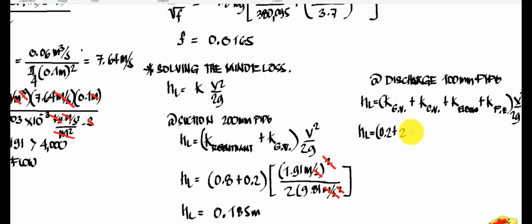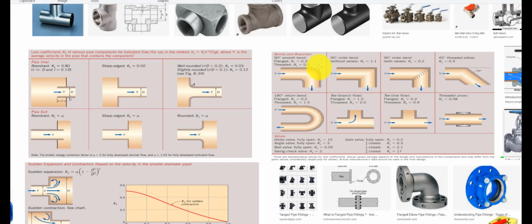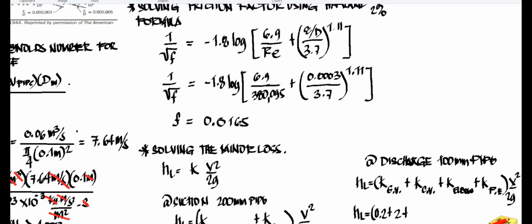Then plus K of the elbow, referring here we have the 90 degrees elbow, smooth bend, mitered. Mostly in every problem we will be using the flanged type always, so take note of that. Disregard the threaded, I emphasize to always use flanged type. So we have 0.3, so this is plus 0.3.